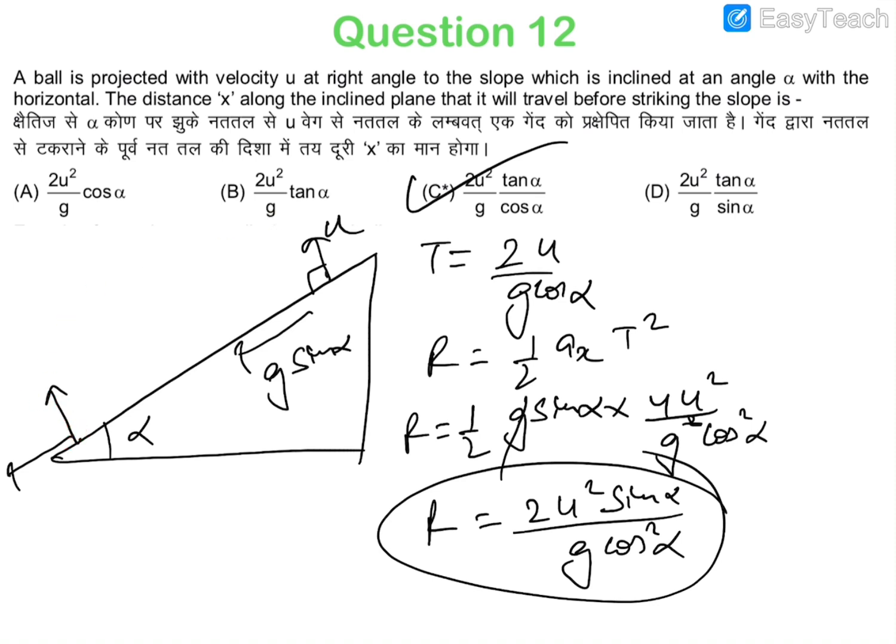It would not go up the incline. So this is quite obvious that this projectile is projected from the upper point towards the lower point.